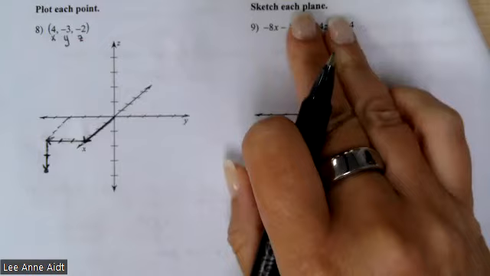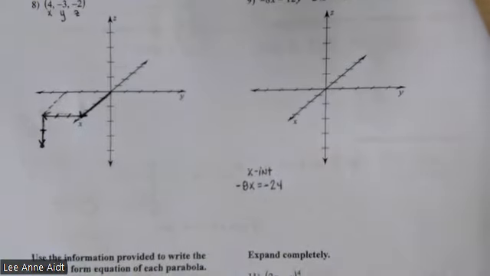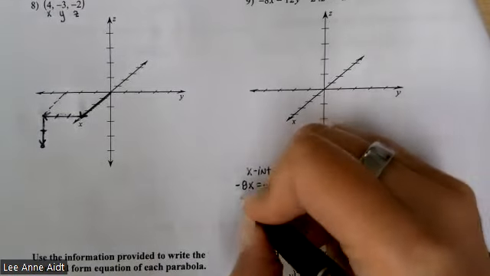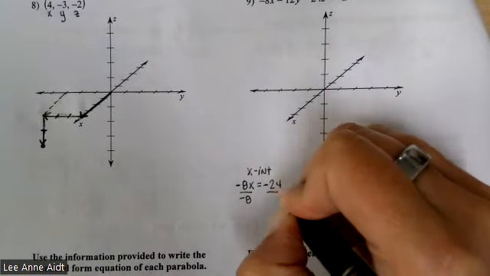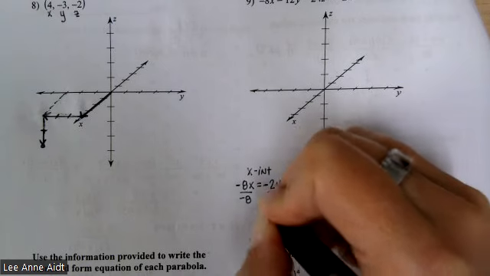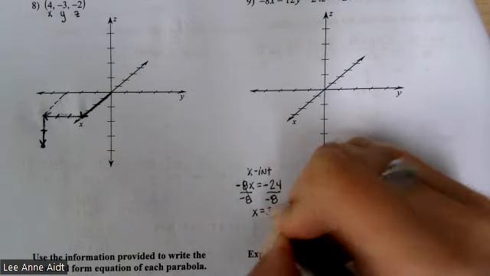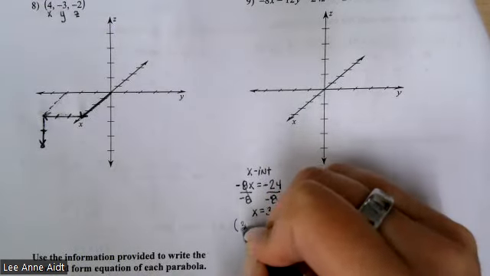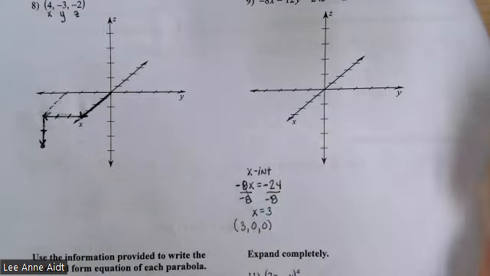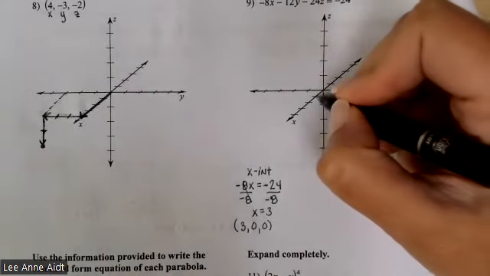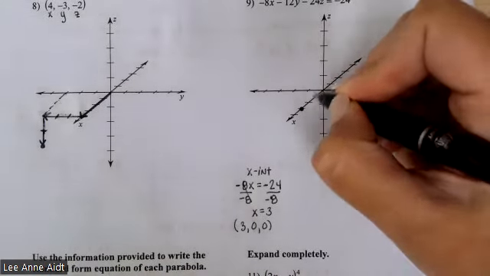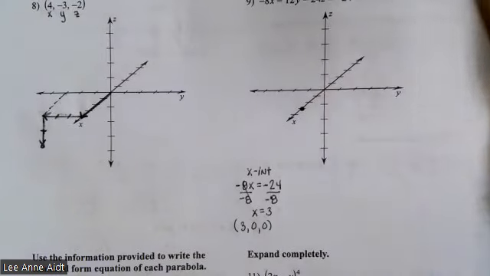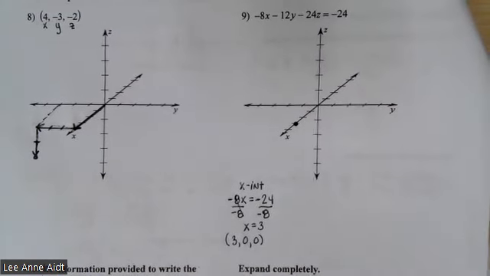I'm just doing the cover-up method here. -8x equals negative what? It's very simple. Divide by -8. X equals 3. So that's the coordinate 3, 0, 0. 1, 2, 3, which would be right here. So there's your 3, 0, 0 on the X.